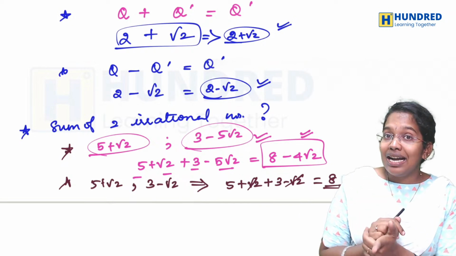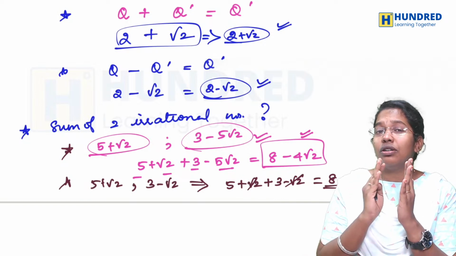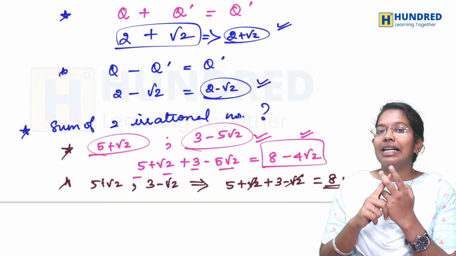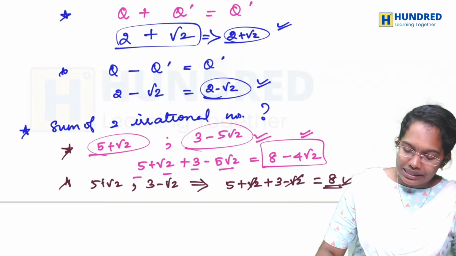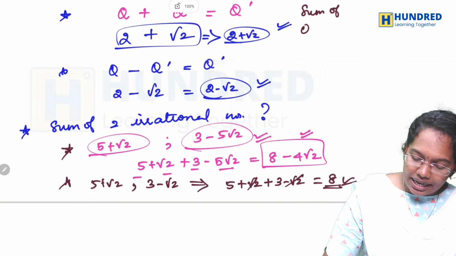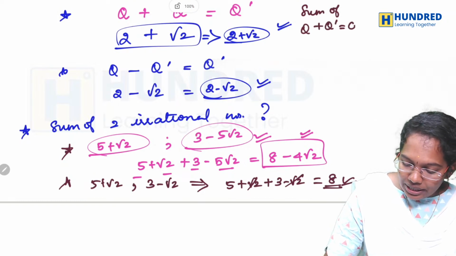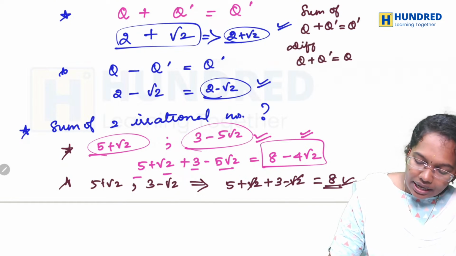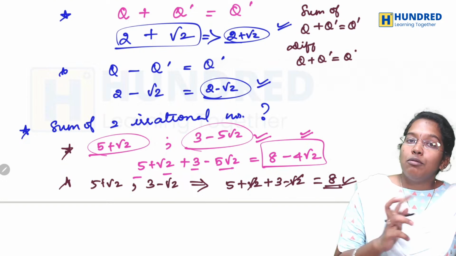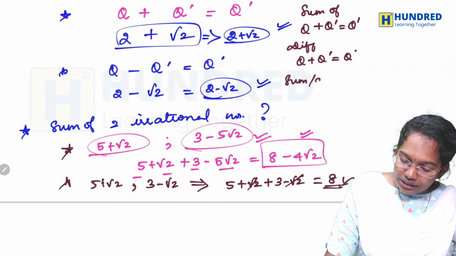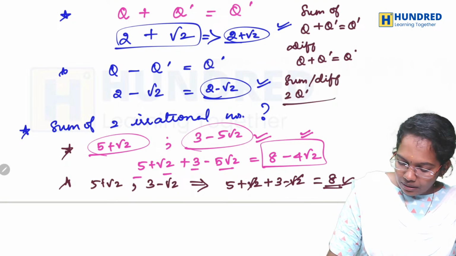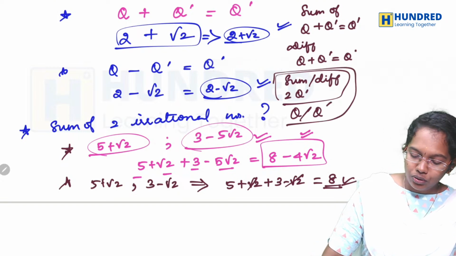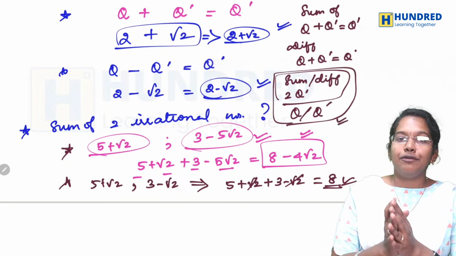But when you add or subtract one rational and one irrational number, it will surely be an irrational number. So the sum of a rational and an irrational will always be irrational, and the difference will also be irrational. But the sum or difference of two irrational numbers can be either rational or irrational. This is the inference from these examples.